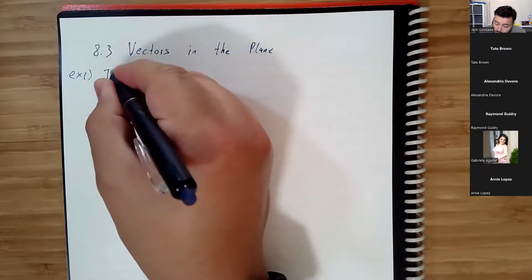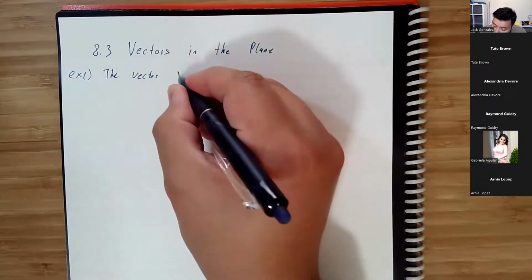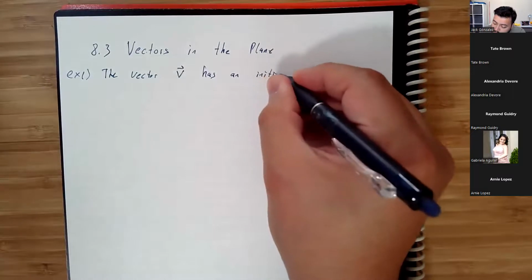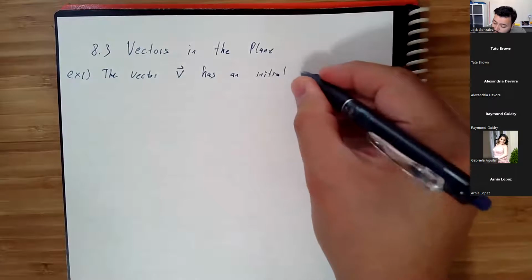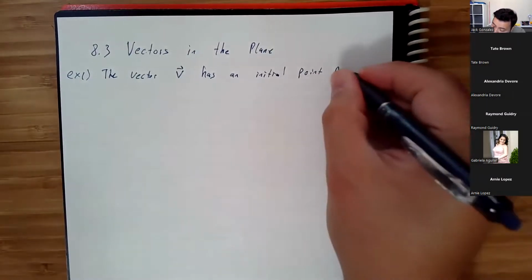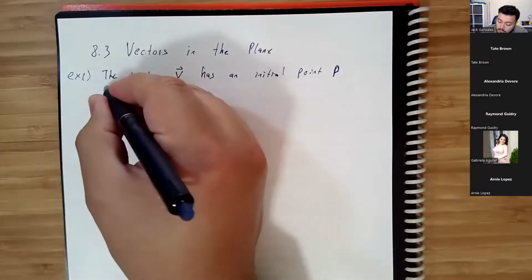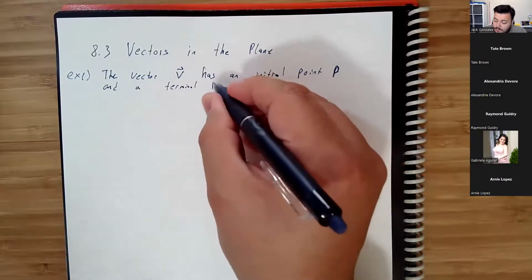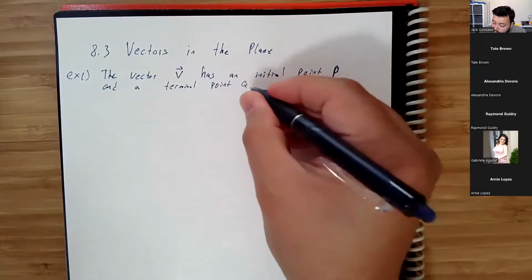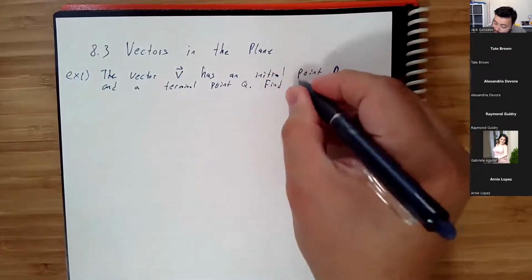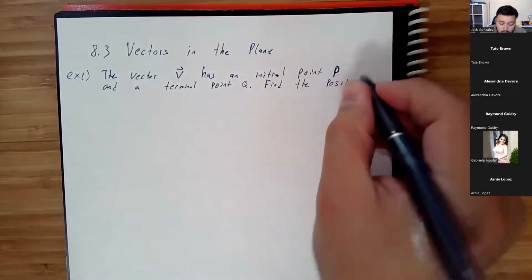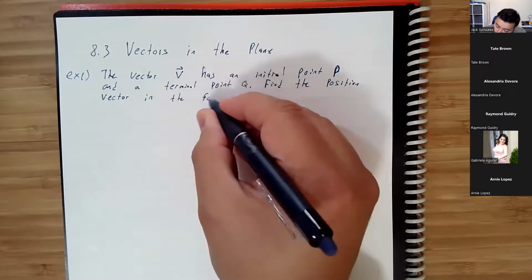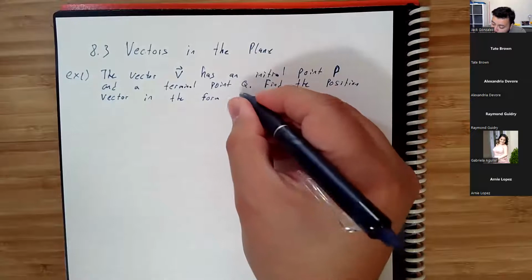Okay, the vector V has an initial point P and a terminal point Q. Find the position vector in the form, so I'm going to use this little notation.